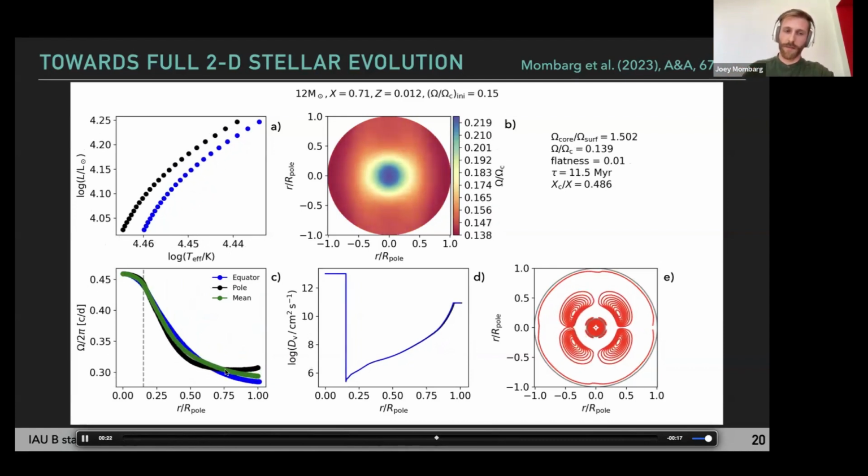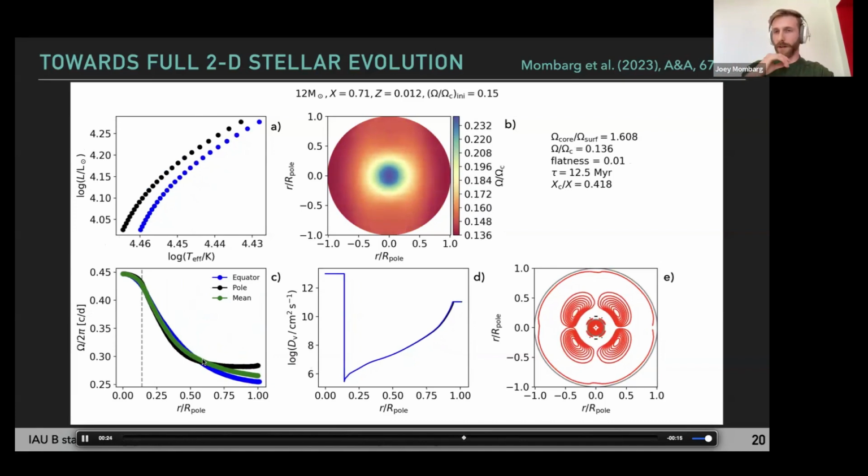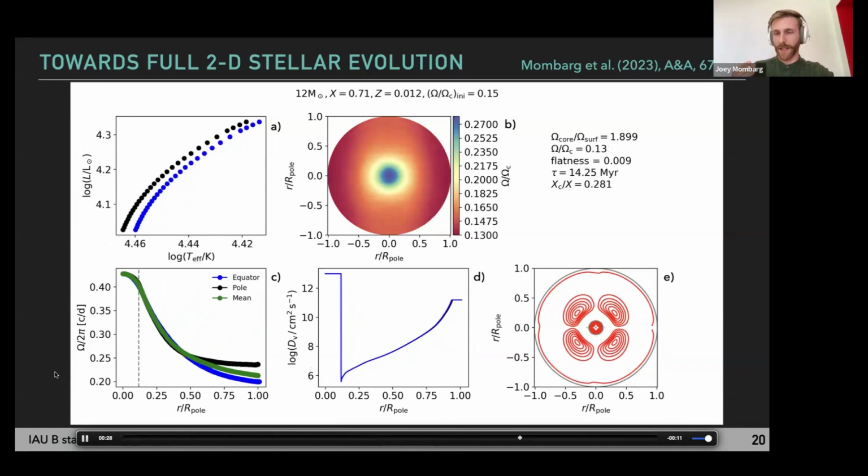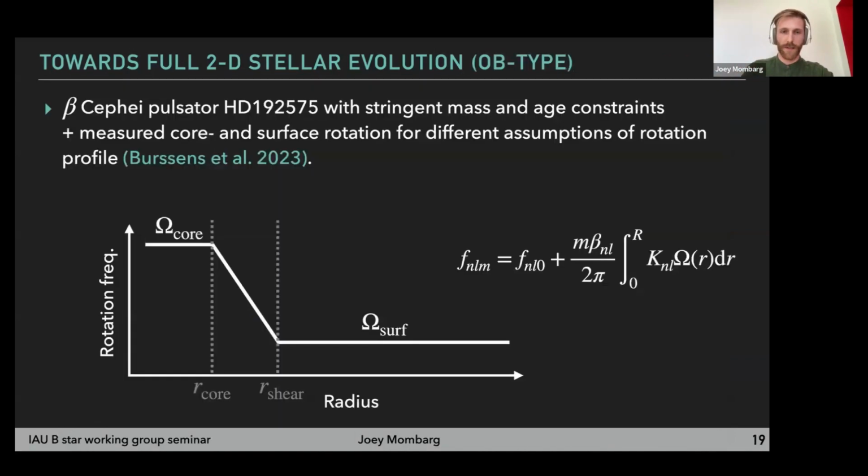If we look at the mean rotation profile, we find that it's closest to, if I go back one slide, putting this R shear radius at the edge where you still have a chemical gradient because of the burning of hydrogen inside the core.